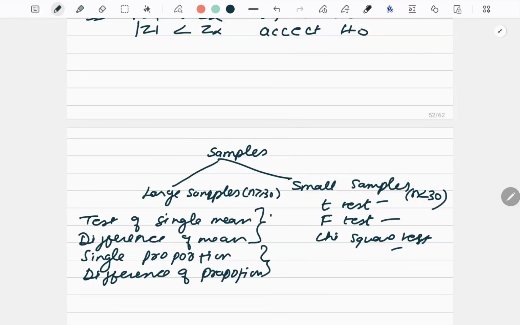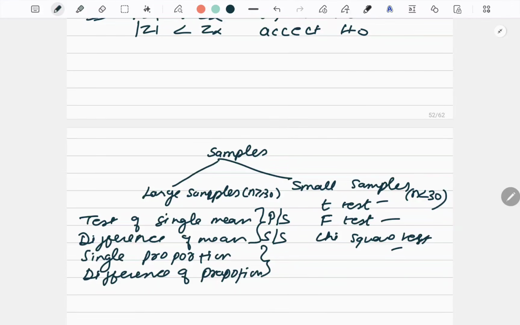So basically category 1 is population versus sample. When you see they are talking about two different small groups, for example, now I am not talking about the college. New Horizon is a big college, and I have taken your class and I am comparing CGPA. I am talking about two sections in your college. So that is called the difference of means, where I talk about sample versus sample.